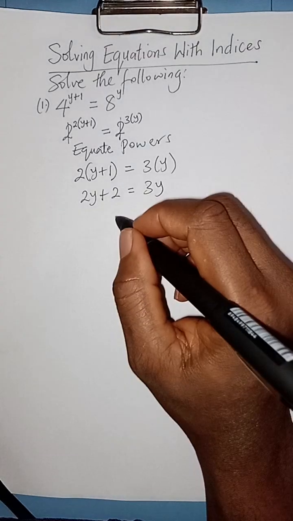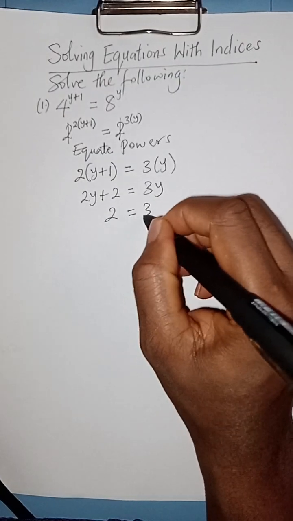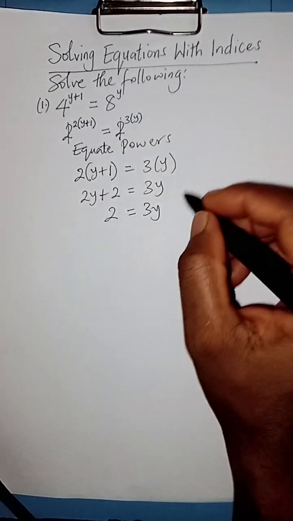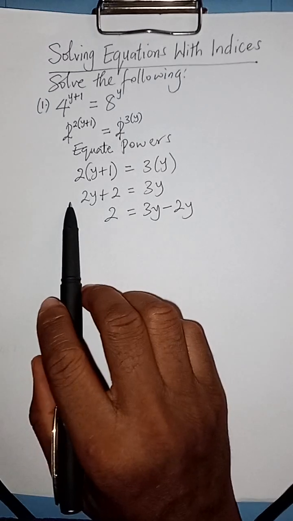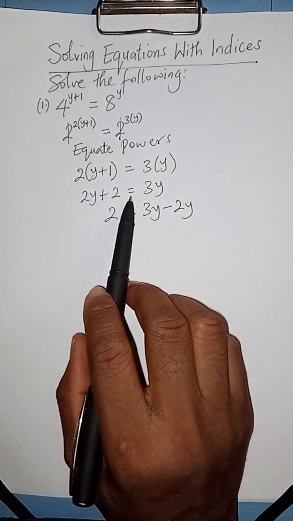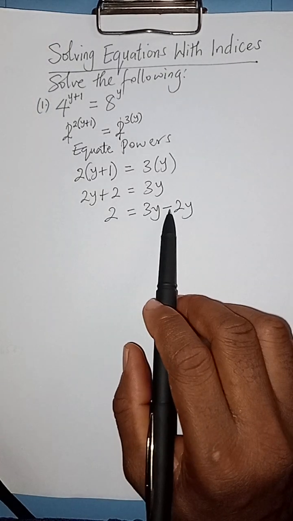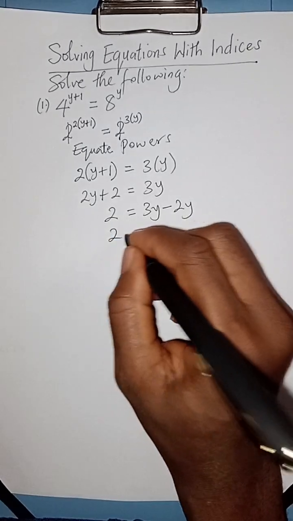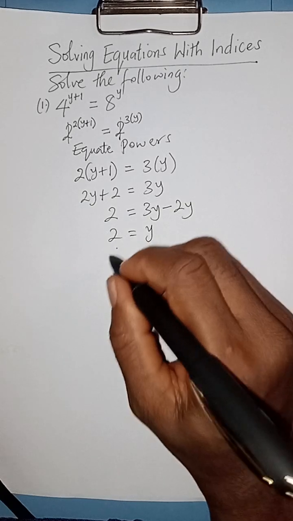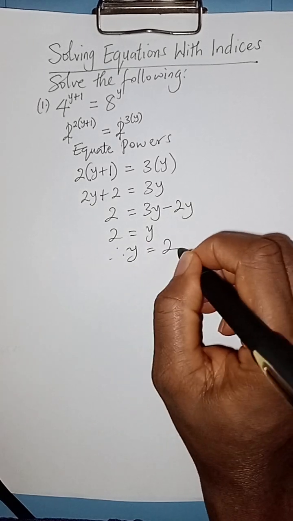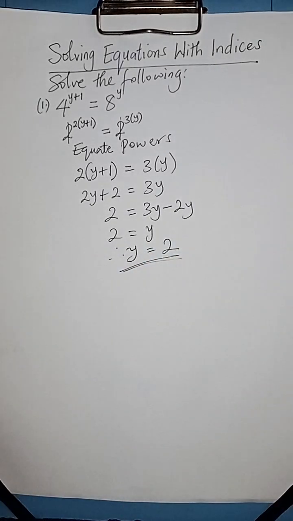Now collect like terms. 2 equals 3y. This 2y will cross to your right hand side to become minus 2y. It is positive here, and so when it crosses the equal to sign, it becomes negative. 2 is equal to 3y minus 2y. It's y, so therefore your y is equal to 2. That is the answer to the question.